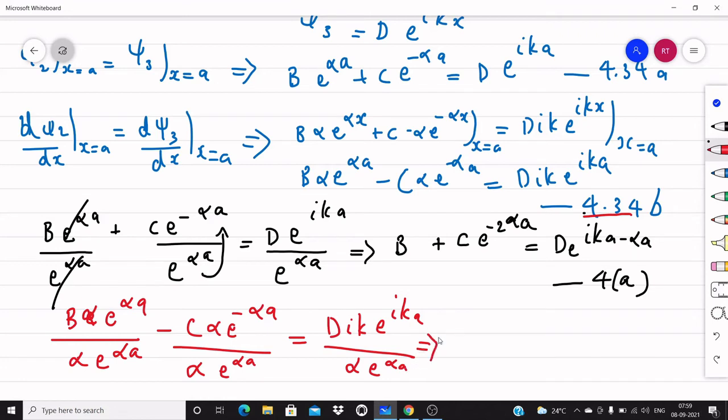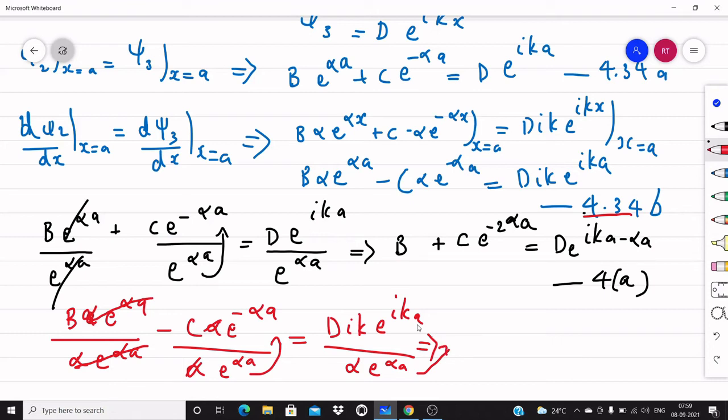This becomes b minus, again here alpha e raised to alpha a will be cancelled, here also alpha will be cancelled, and this term e raised to alpha a comes up.